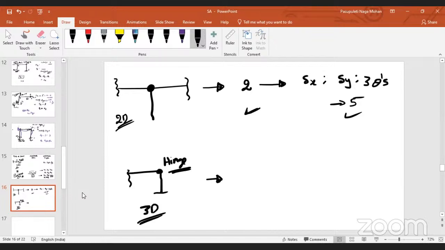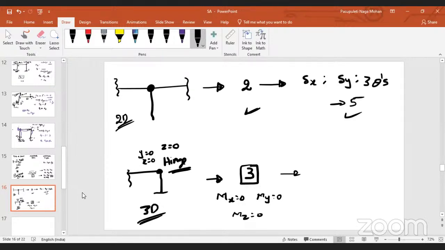That means movement at this point along x direction is 0, along y direction is 0, along z is 0. Total 3. Now with the same logic, can you tell me how many unknown displacements will be there?